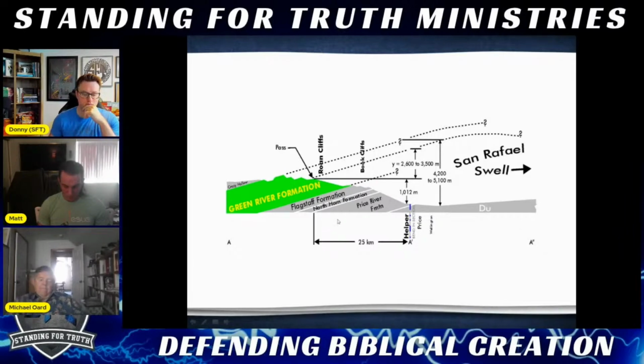And I might add, you notice the top formation is the Green River Formation. This is considered a result of deposition of a post-flood lake by some creation scientists, but I find obvious evidence that that is not the case. It has enough oil to supply the energy needs of the United States for 100 years.